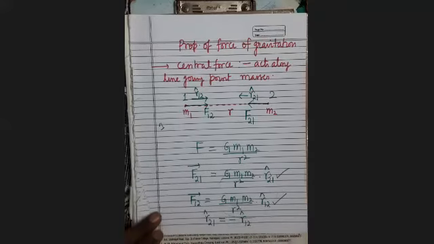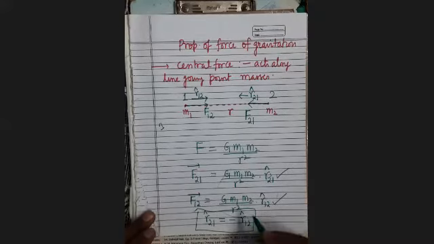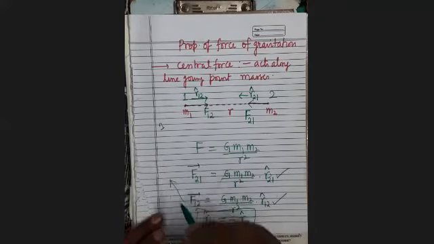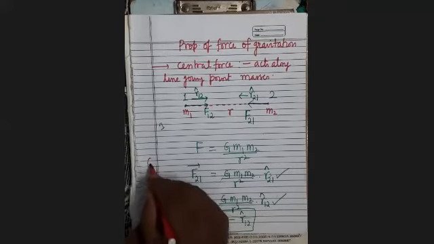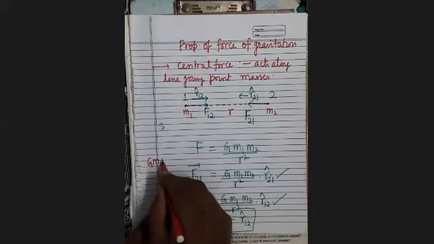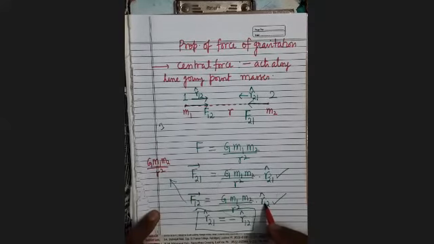So we can write this expression as G m1 m2 upon r square, and in place of unit vector r12, you write negative of r21.